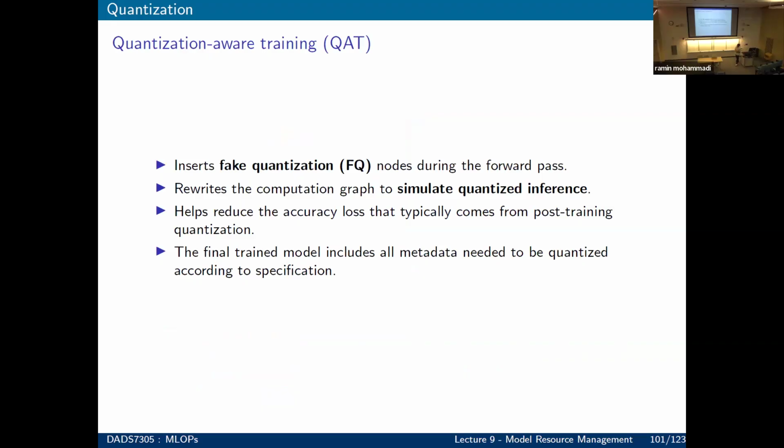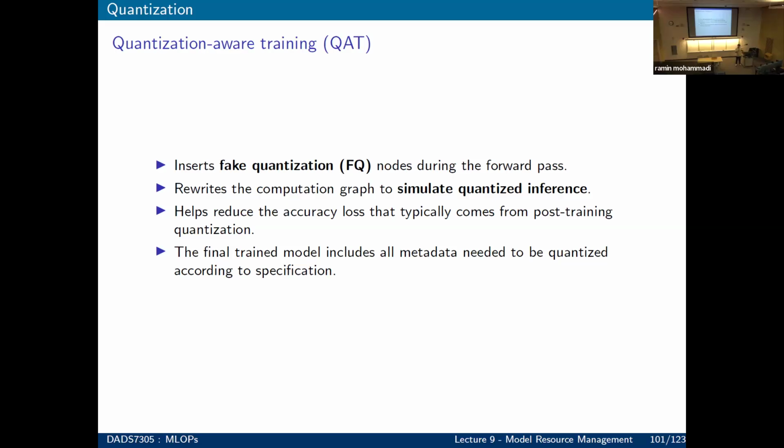Now, all of this was post-training quantization. That means you develop the model, or you already have a model. But there is a technique called quantization-aware training, where the idea is that during training, you tell the model that you're going to use these parameters in a quantized way in the future.